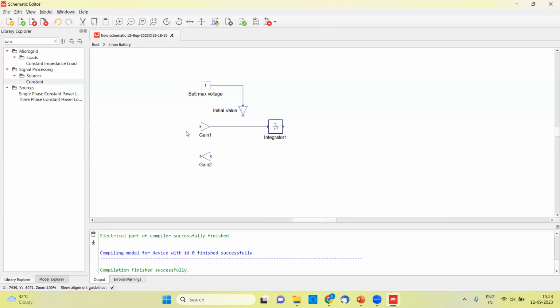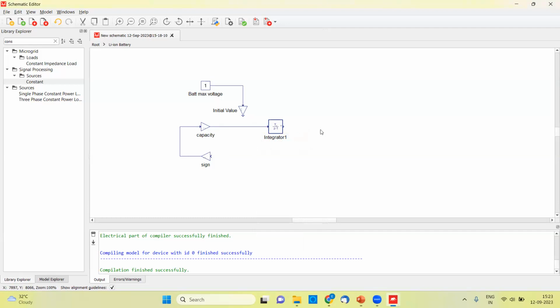Okay, first of all, this initial value has to be provided to this integrator. First of all, let me change the name. I'm going to put it as sign, because here I'm going to change the sign of the input which is coming to this block. And this is basically the capacity block, indicating the battery capacity to us.